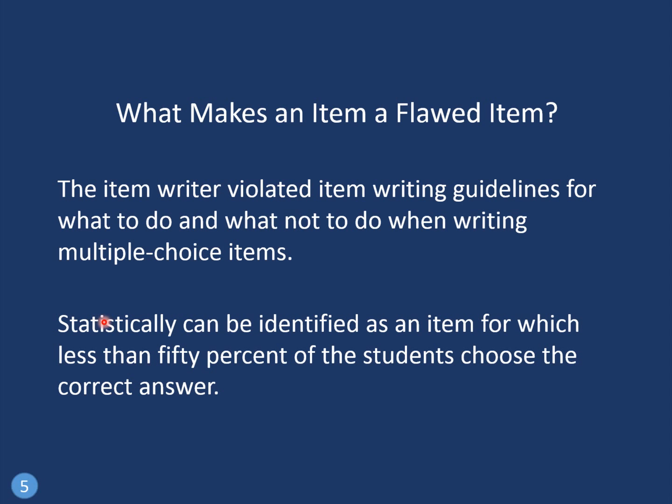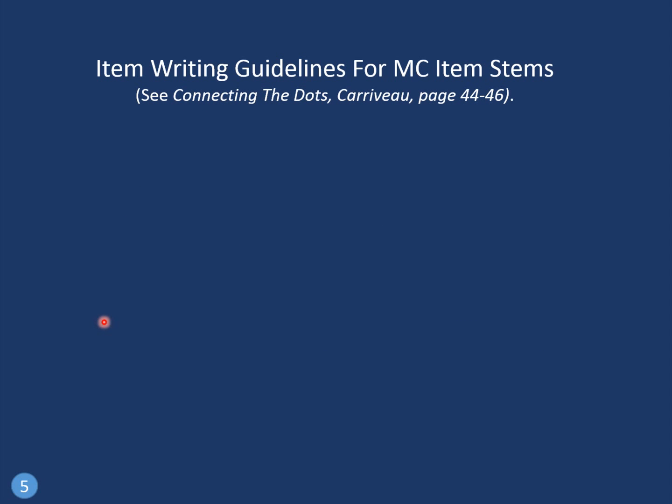The other reason is that statistically that item is not functioning too well, and for some reason less than 50% of the students chose the correct answer. So it's an indicator, it's a flag. It says, yeah, there could be a flaw here, and so I better go back and see if I violated any item writing rules.